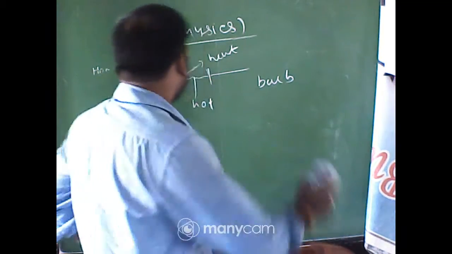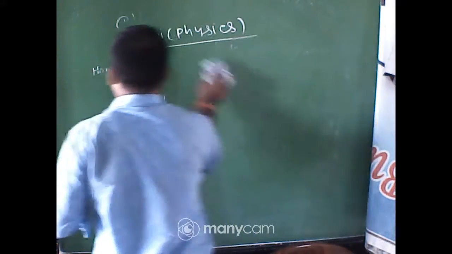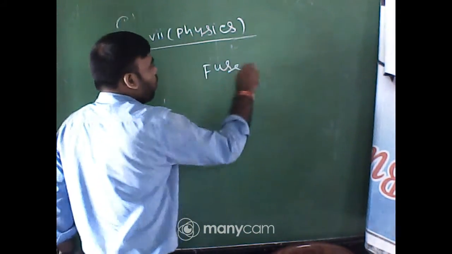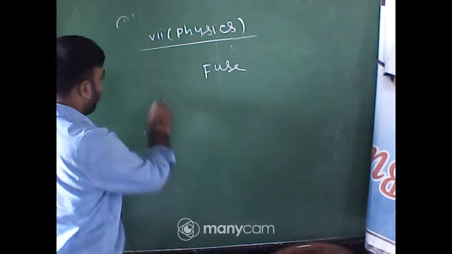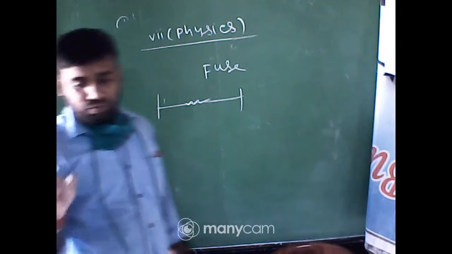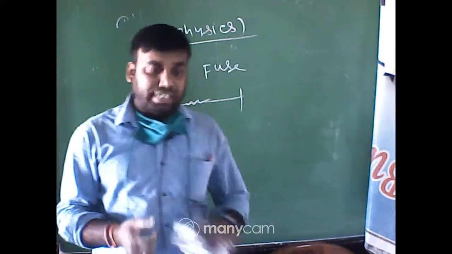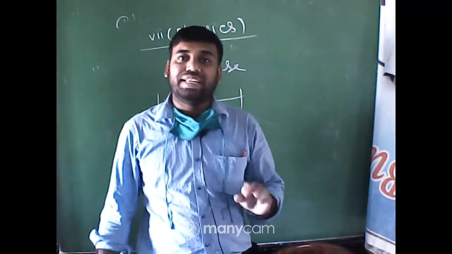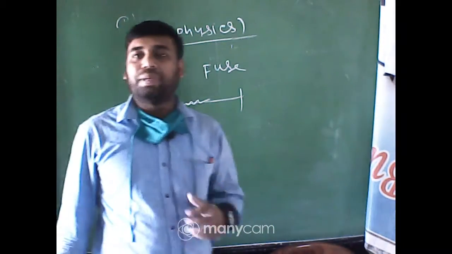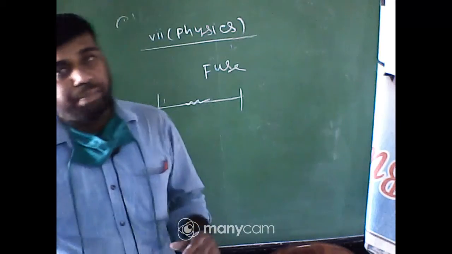And the electric fuse. One important thing, students: if a large amount of electric current flows over it, what will happen? It can melt and break.